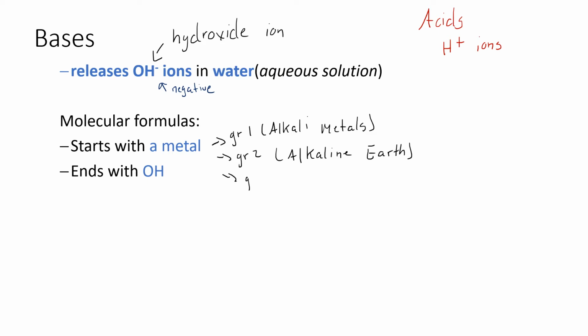And metals in group 3. Now, this is actually the reason why our group 1 and group 2 are called alkali and alkaline earth, because another term for looking at how strong of a base you are is the alkalinity of your solution. So that's where the alkali comes from.